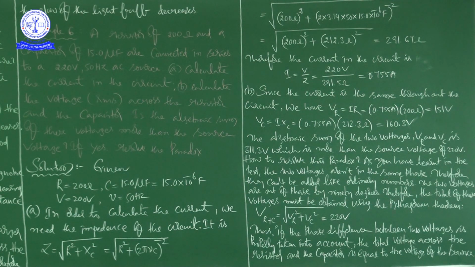220 volts. Now what is the answer? Thus, if the phase difference between the two voltages is properly taken into account, the total voltage across the resistor and the capacitor is equal to the voltage of the source.